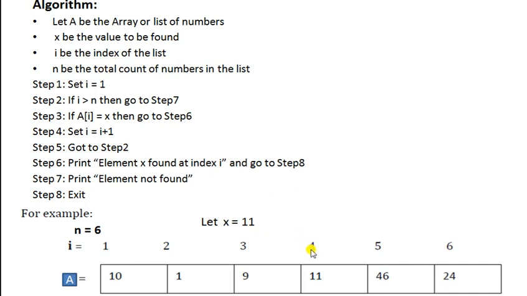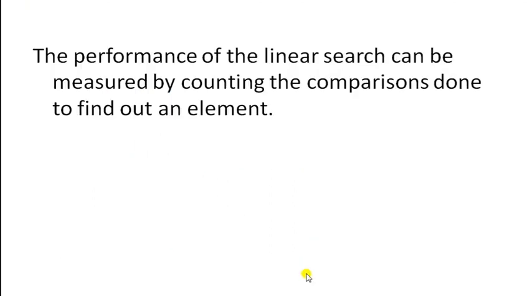I became 4. Again we check. Go to step 2. If I greater than n, that is 4 greater than 6, have we reached the end of the list? No. Step 3: if A of 4, that is 11. A of 4 is 11.